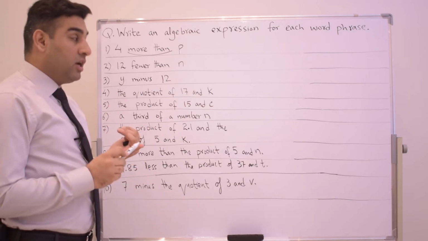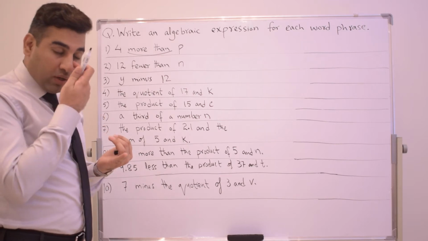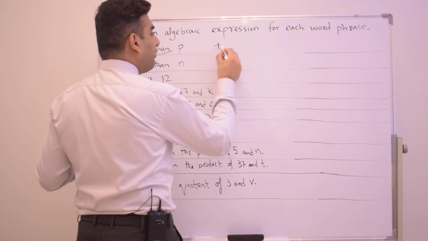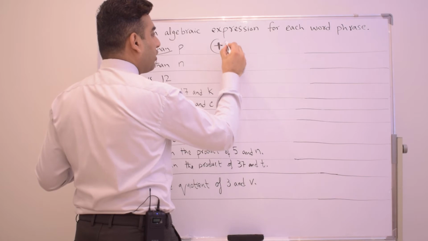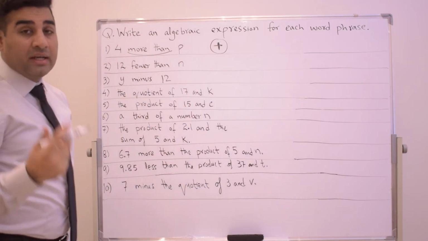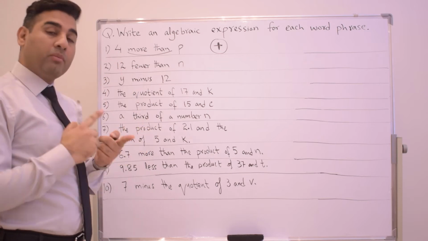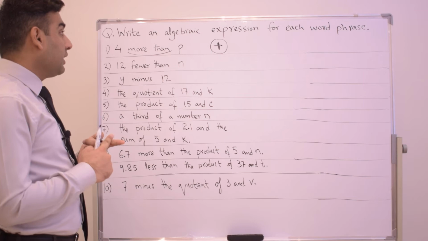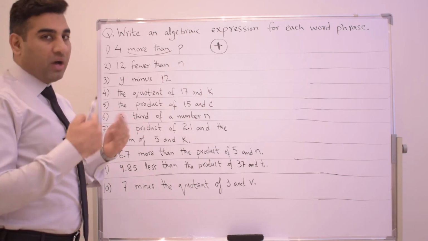Sometimes in algebra they use three terminologies for the addition sign, the plus arithmetic operation. Number one, they can use more than. Number two, they can use plus. Number three, they can use sum. Whenever these three terms come, you have to use the plus sign.